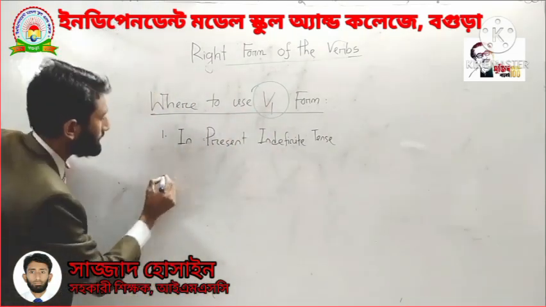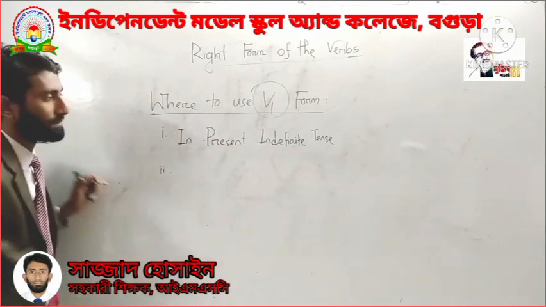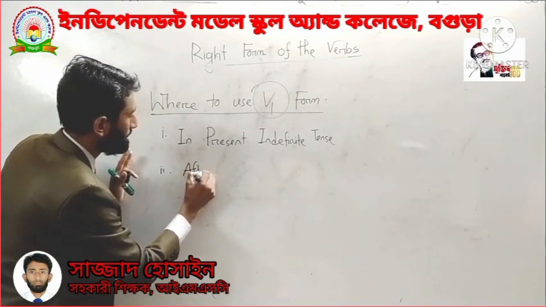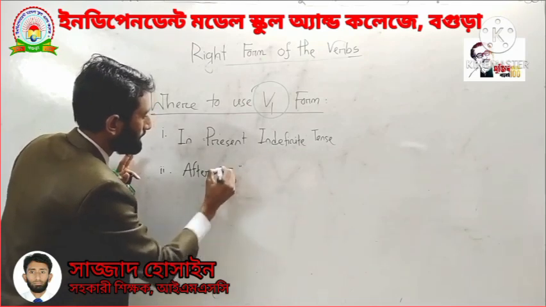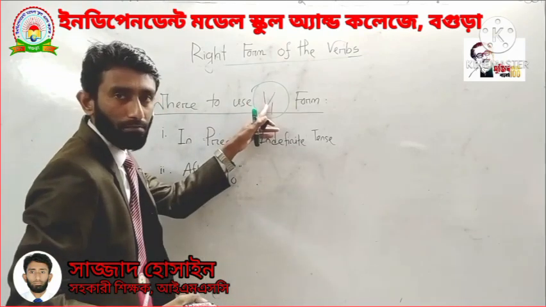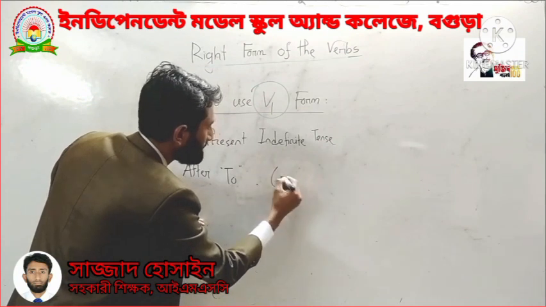Then come to the next one. After to, we use V1 form, and you have to notice that there is an exception.